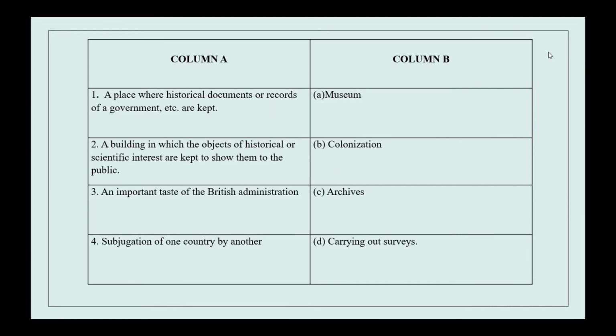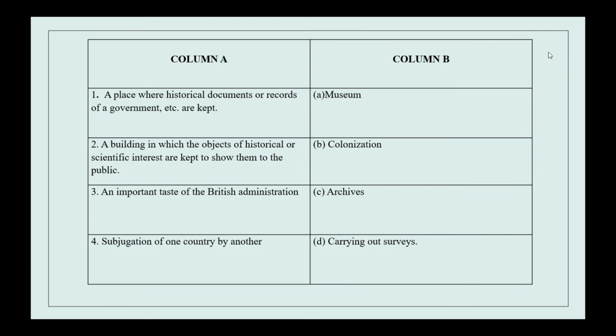Next one, a building in which the objects of historical or scientific interest are kept to show them to the public. Of course, it will be museum. So, for the second one, museum. The third one, an important task of the British administration.